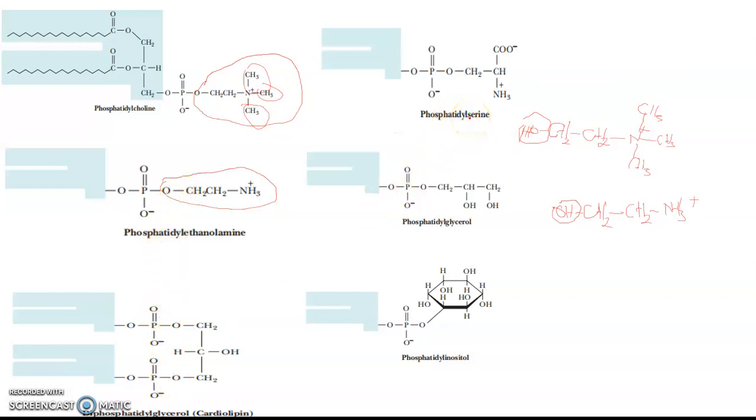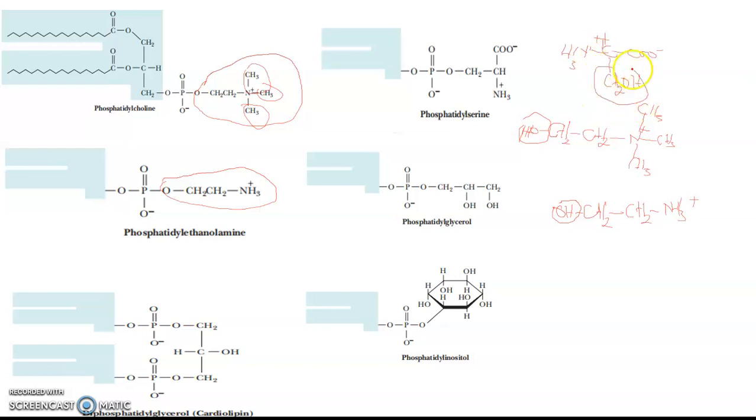We have the phosphatidylserine, where the alcohol is an amino acid called serine. For serine, we have hydrogen, the COO minus, the NH3 plus, then the CH2OH.